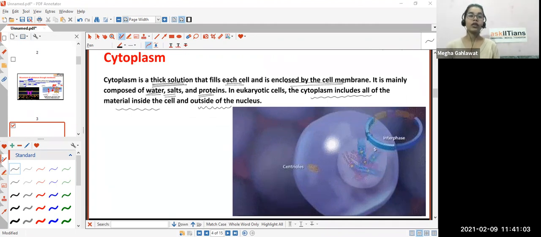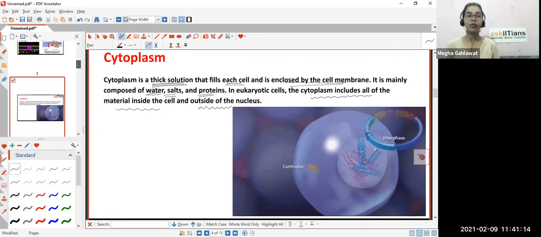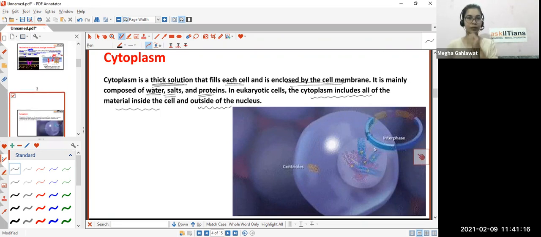Cytoplasm is the site of metabolic reactions. Metabolic reactions are the chemical reactions which occur inside a living organism, so it is very important for you to understand. This is how you write reaction in short form: Rxn.